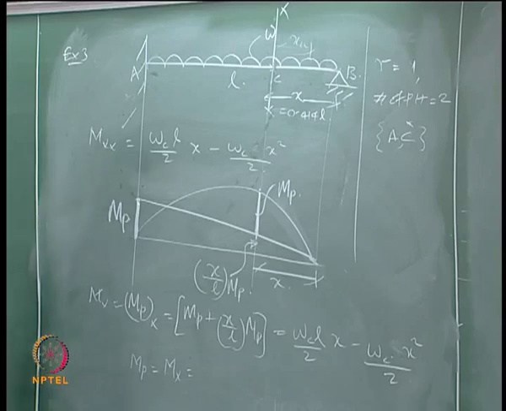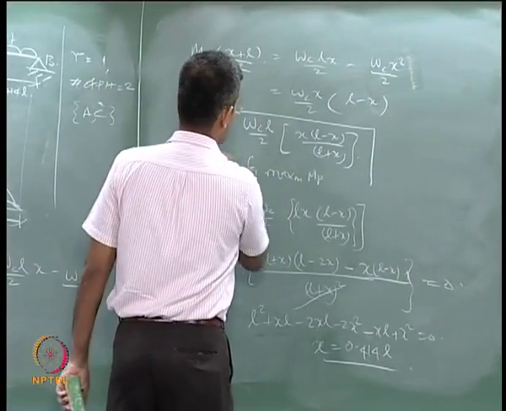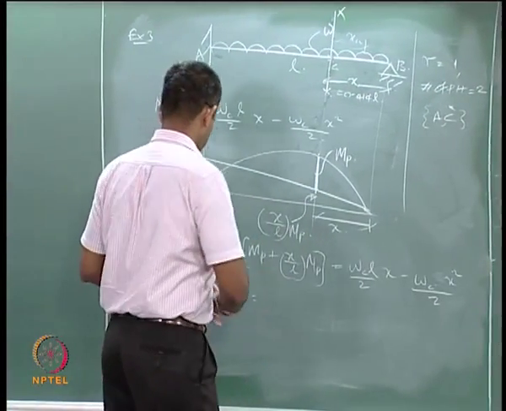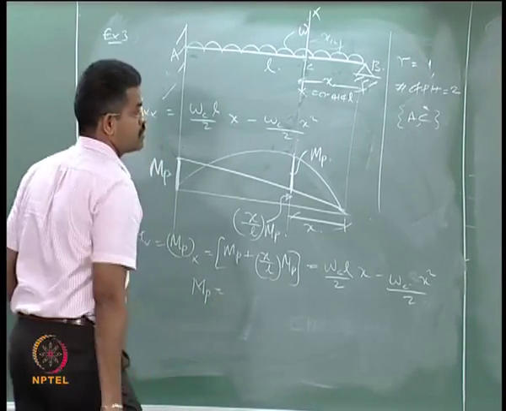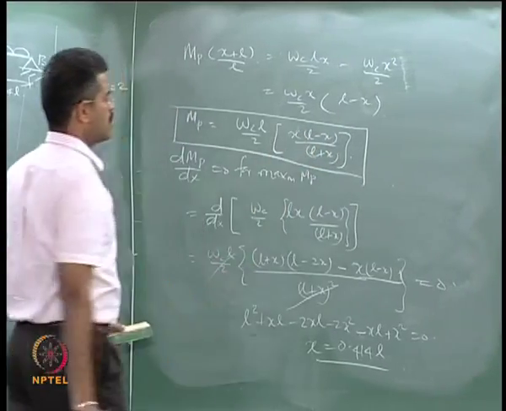So, already we have an expression here, you can use this equation, substitute x as 0.414, get the value. You have x is 0.414, get the value.